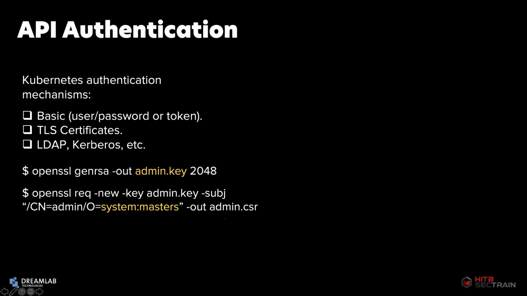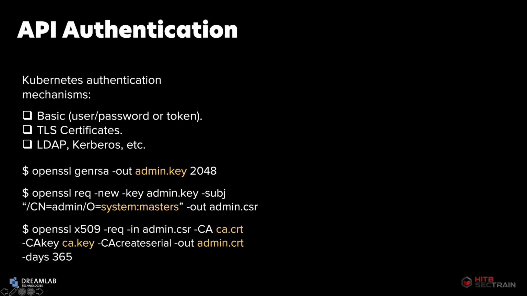So with this command, we will create the certificate signing request, and then this signing request needs to be signed by the cluster CA. So with this command in the cluster, we will take as input the certificate signing request, and we have to specify the CA certificate, the CA key, and the output of this command will be the admin certificate.